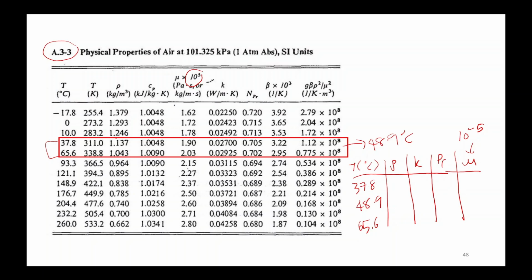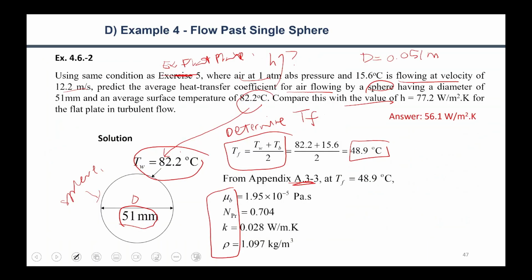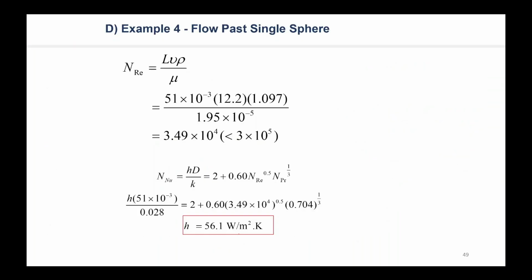So please do interpolation and obtain all these values here. I give you the answers for mu, Prandtl number, thermal conductivity, and also the density.